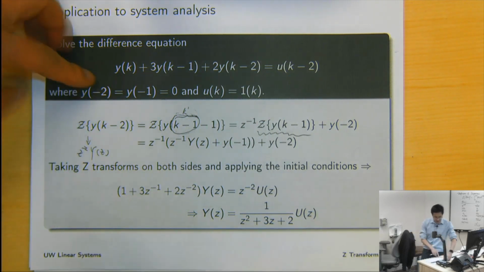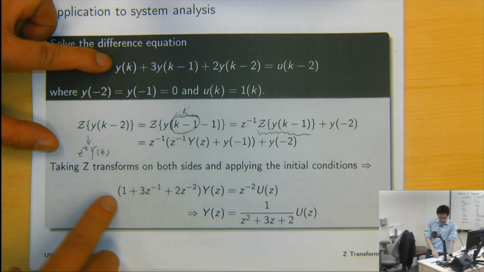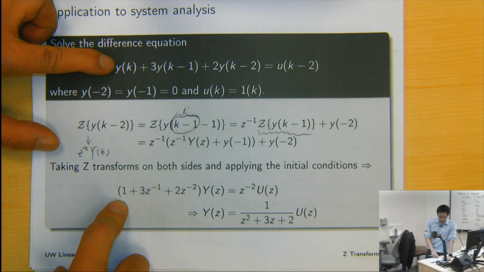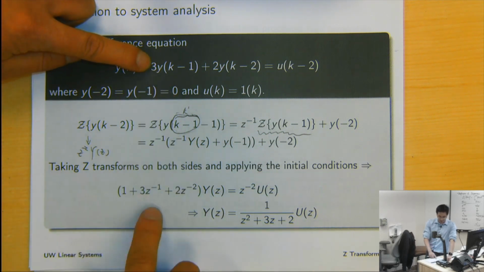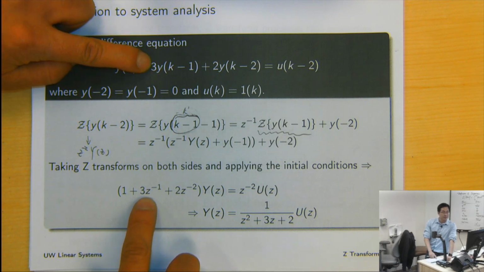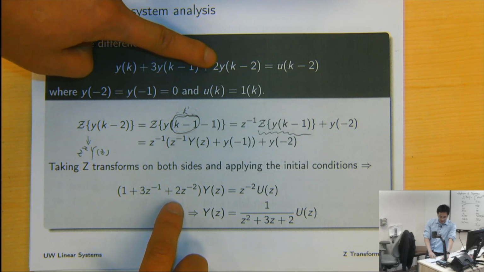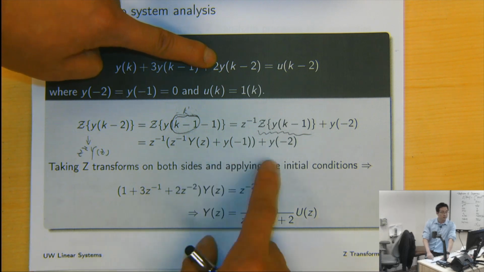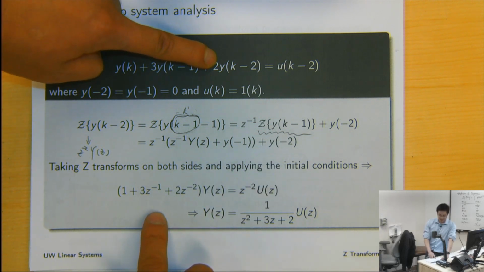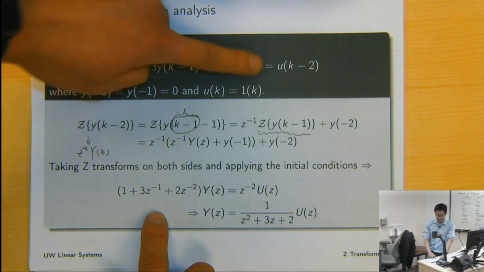So therefore, doing the z transform here, z transform of y k is Y(z), z transform of 3 y k minus 1 is 3 z negative 1 times Y(z), and 2 y k minus 2 is 2 times z negative 2 Y(z). All these initial conditions, they are 0, so we don't need to worry about them.